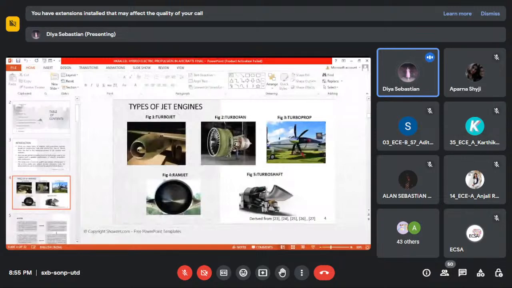Turbofan is also used, but compared to turbojet it is mostly used in commercial aircraft. And turboprop, where propellers are used, and turboshaft are not much used in the industry right now, as the shaft is much more complex compared to the other three. The ramjet is much different from the other four, and it is used to attain supersonic speed.